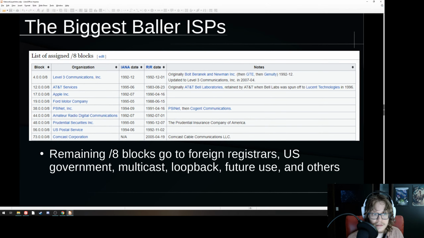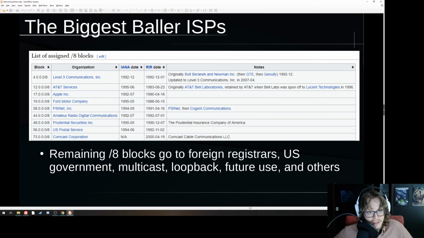Okay, then of course you have AT&T, which everybody probably knows. AT&T, of course, faced several monopoly lawsuits over the many, many years, and so this /8 block has gone through a number of different ownership changes, but I think it still belongs to AT&T. You'll see Comcast further down on that list as well.